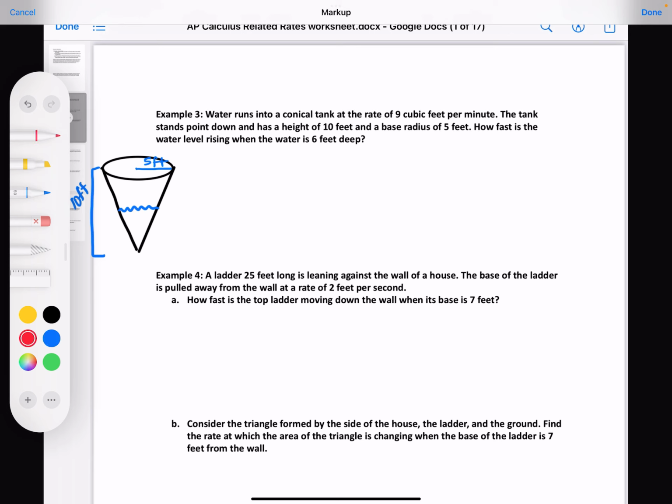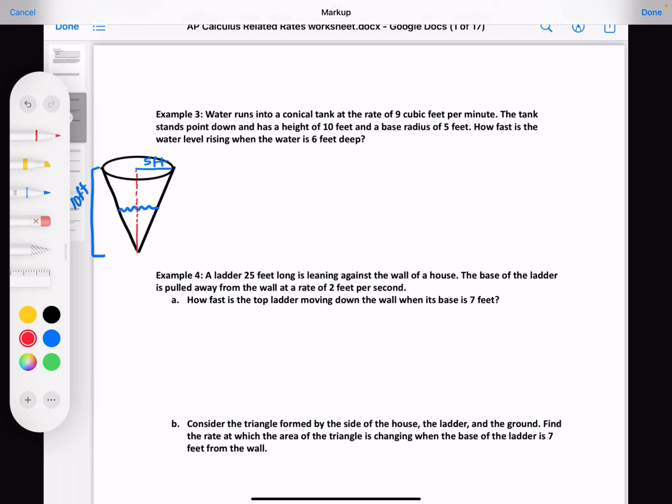A good way to look at this is to split it down the middle and look at it as triangles.